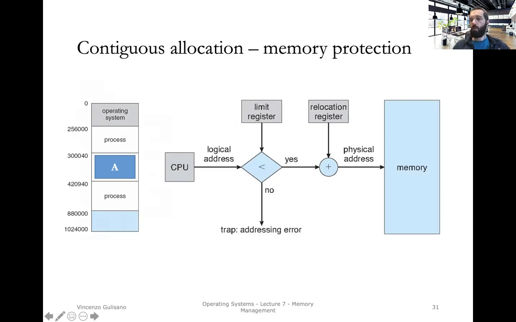If no, then we can wake up the operating system so that it takes care of this process that is trying to access memory that does not belong to it. If yes, then we add the relocation register, or the base, basically a register that contains the first physical address of process A, and then the CPU can access the memory and read or write in the physical address because it is safe, it's accessing its own memory.